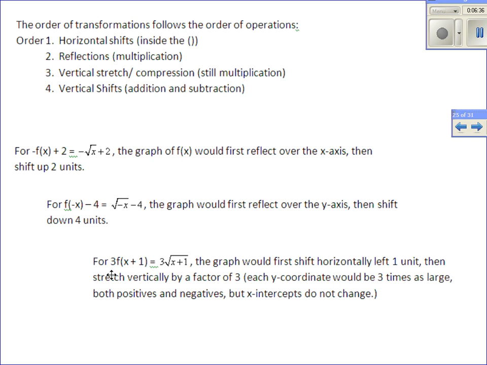And then for 3 times f of x plus 1, 3 times the square root of x plus 1, inside the function we're first adding the 1, so it would first shift horizontally left 1 unit, and then would stretch vertically by a factor of 3, getting that taller graph. So each y-coordinate would be 3 times as large, both positive and negative, but any x-intercepts don't change.